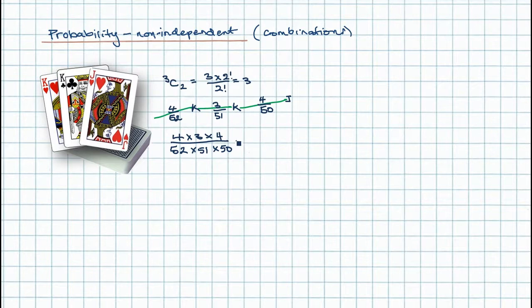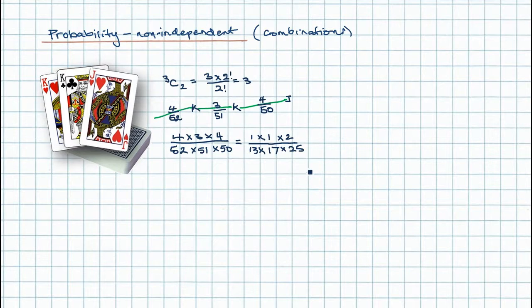Okay, now 4 out of 52 can be simplified as 1 out of 13, so divide top and bottom by 4. 3 out of 51, well, there are 17 3's in 51, so I can divide top and bottom by 3 and I get 1 and 17 then. 51 divided by 3 is 17, and here I can simplify this to 2 out of 25.